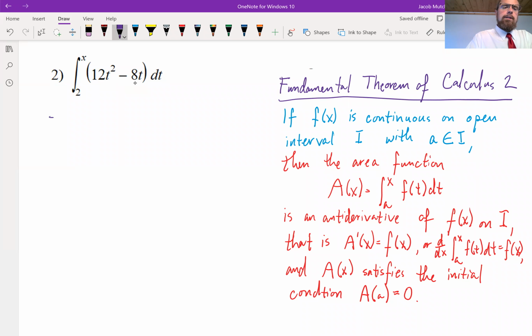So that first term is complete. We just need to evaluate tangent at negative pi over 4. Visualizing the unit circle, negative pi over 4 would be the 45. When we think about the value of tangent at that angle, the x dimension is square root of 2 over 2 at 45.